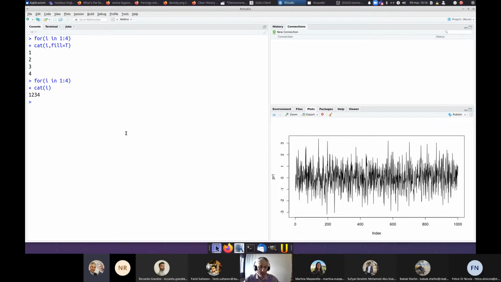Okay, now let's go back to our exercise. Let me clear the screen. Before I start, let me define a variable PR2, a vector, 0, and another one PR3, 0, because I need to use these vectors inside the for cycle. And when you assign values to a vector, you need to have the vector defined in advance.